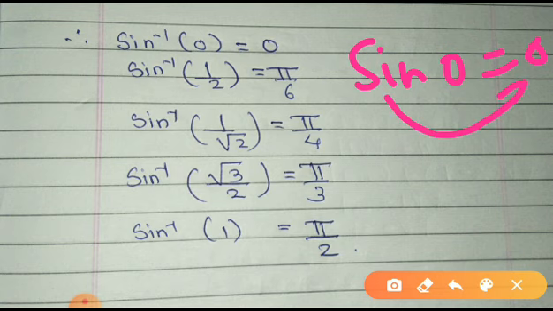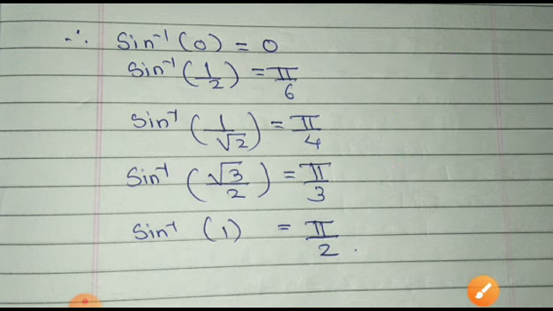So I can take sine to this side. So it will be 0 is equal to sine inverse of 0. Similarly, I can write sine inverse of 1 by 2 is pi by 6. Sine inverse of 1 by root 2 is pi by 4. Sine inverse of root 3 by 2 is pi by 3. And sine inverse of 1 is equal to pi by 2. Hope this is clear. Okay.